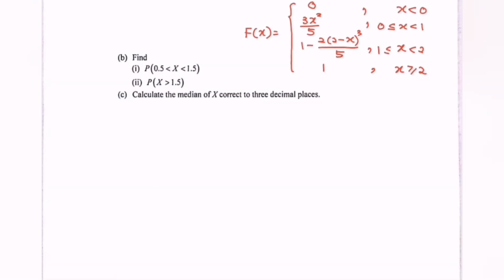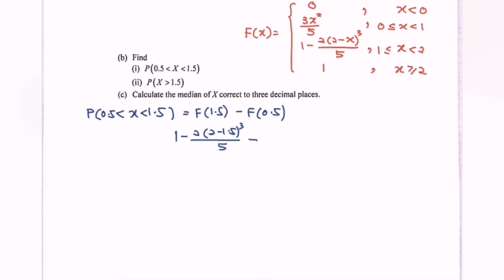Next, kindly refer to B. Find the probability of the situation. Since this is a continuous random variable, the sign is not important. For this probability where x is greater than 0.5 and less than 1.5, kindly make use of the CDF. Where is the location for 0.5? Here, we can make use of F(1.5) minus capital F(0.5). 1.5 refers to the third function: 1 minus 2 times (2 minus 1.5) to the power of 3 over 5, minus 0.5, which is the second function, 3 times 0.5 to the power of 2 over 5.